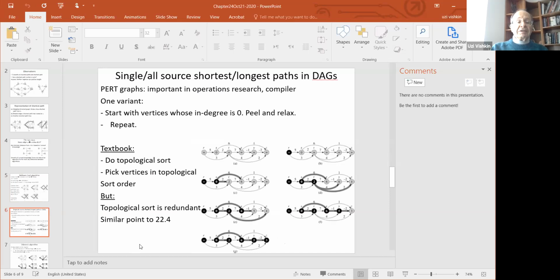We already discussed the topological sort case, meaning where the input is a directed acyclic graph.